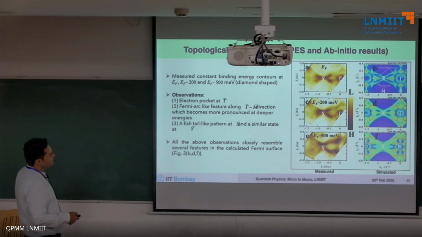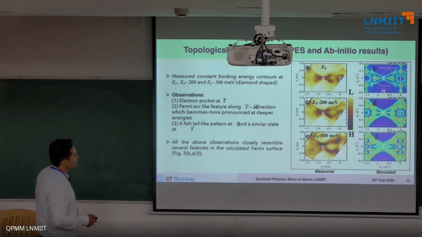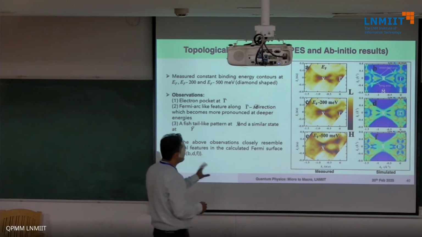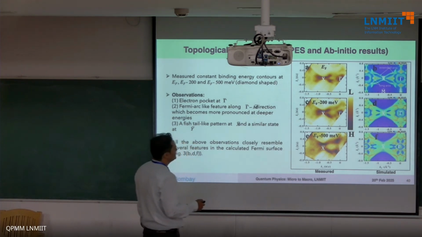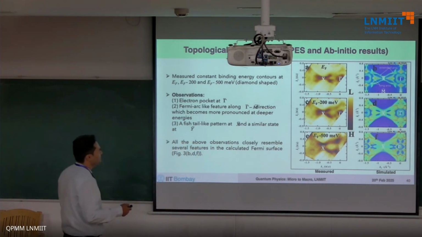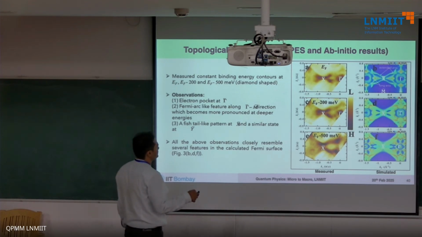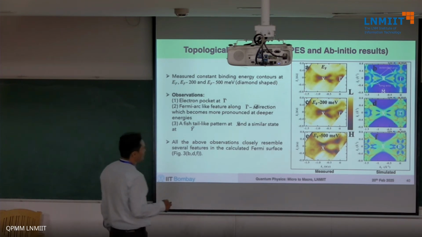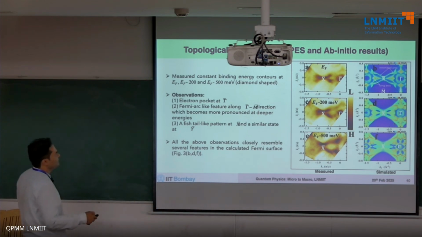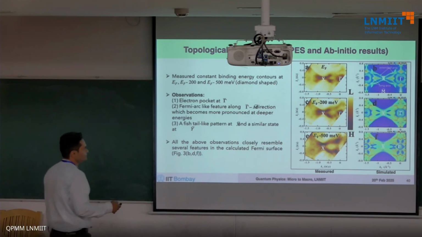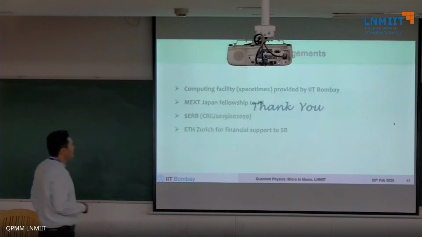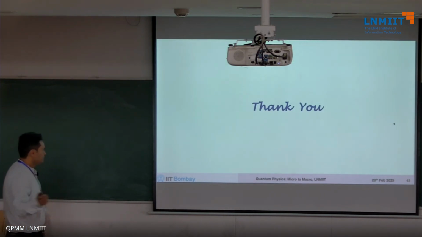And you can see that, of course, there are certain similarities in each of them. We cannot exactly map one over the other because there are some differences in the material that we simulated versus the actual real material. But then you can see that there are several similarities in the two. So that brings me to the end.